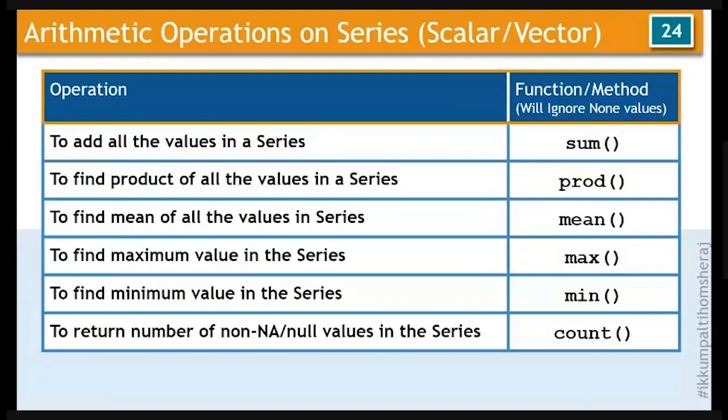Max finds the maximum value out of the values given in a particular series. Min finds the minimum value out of the values present in the series. Count counts the non-null or non-NA values in the series. So if you have 20 indexes in a series, it is not necessary there will be 20 values. It might be that some of the indexes carry data value as none. In that case, the count is not going to add them in its count.